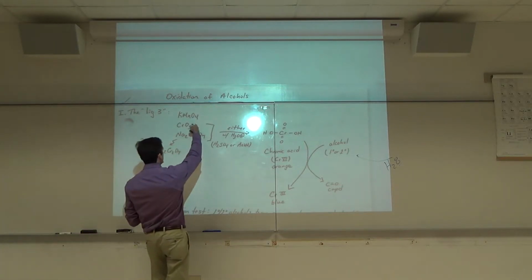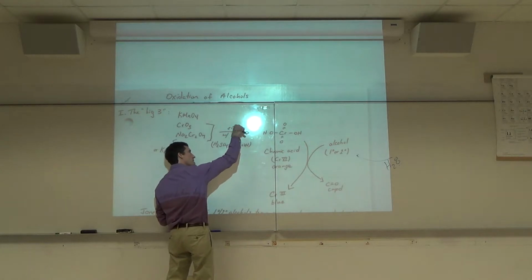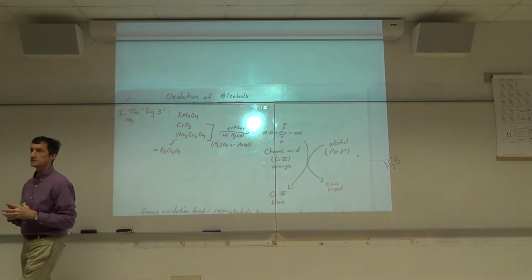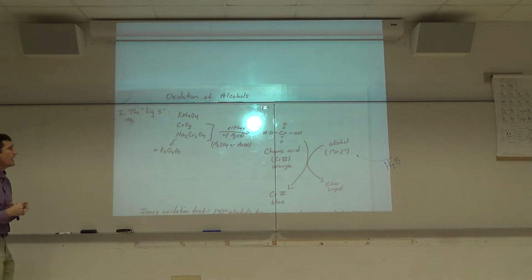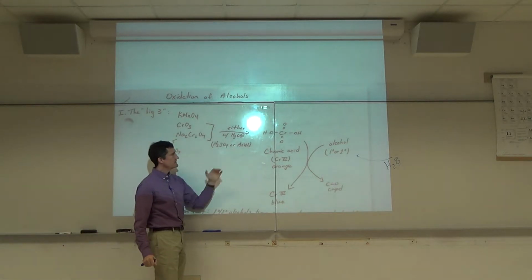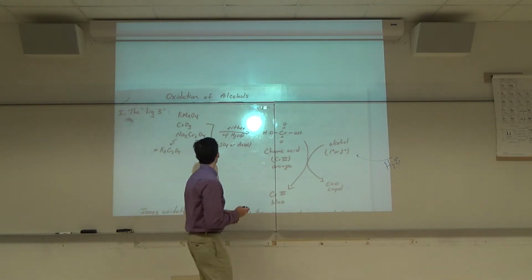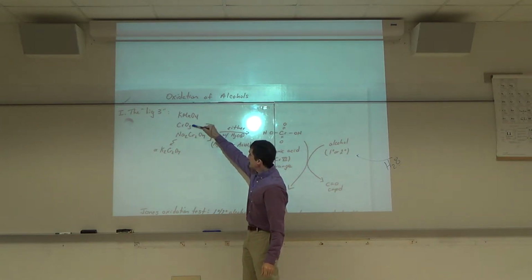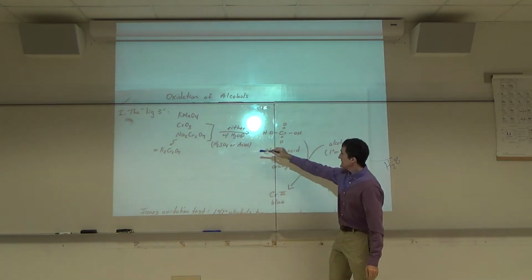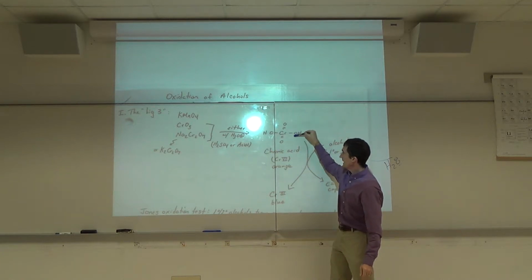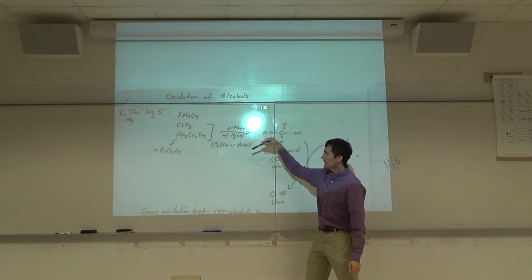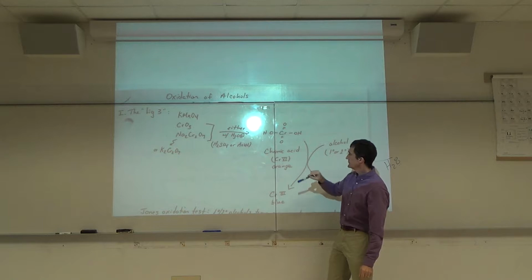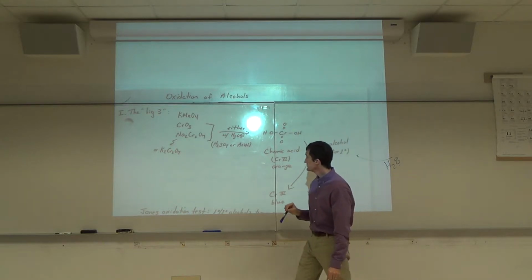Typically the reaction is done under acidic conditions, which can be sulfuric acid or maybe acetic acid. With the bottom two, when you put them in aqueous acid, they both form chromic acid. So they essentially form the same oxidant.